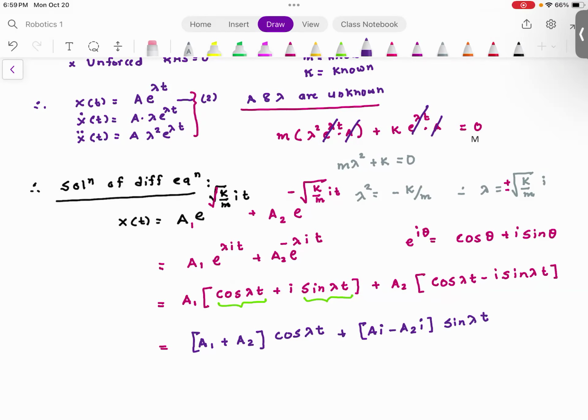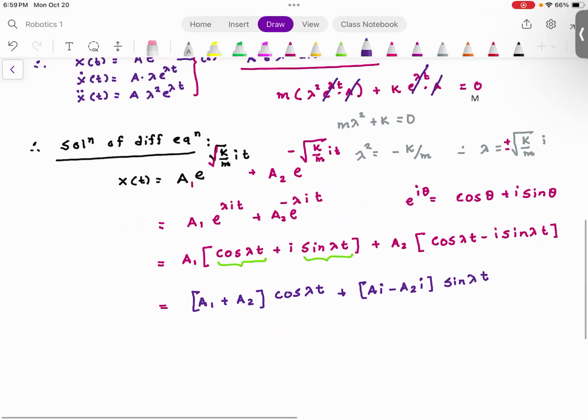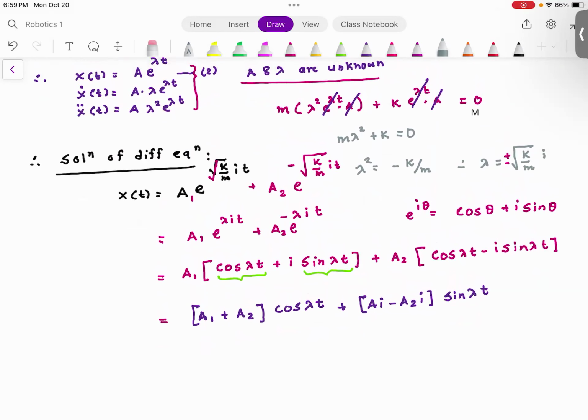Now what is a1 plus a2? a1 plus a2 is a constant, which is C1 cosine lambda t. What is a1 i minus a2 i? Again, this is a constant, C2 sine lambda t.